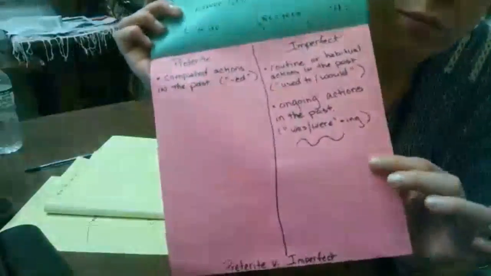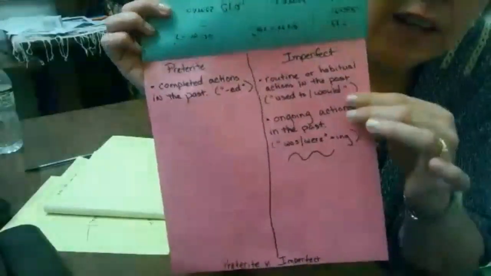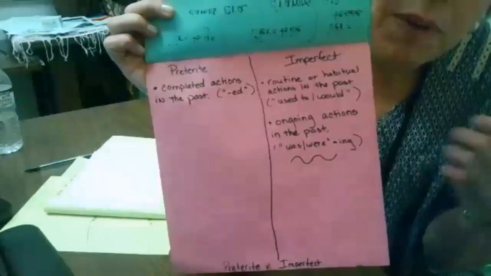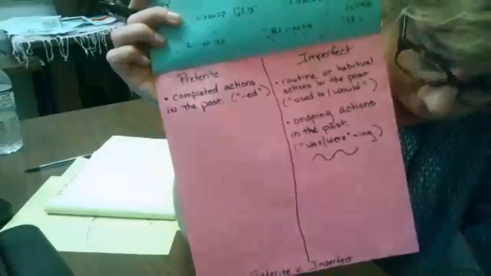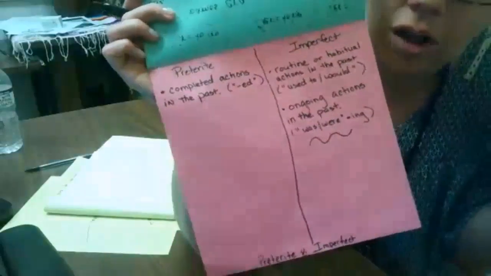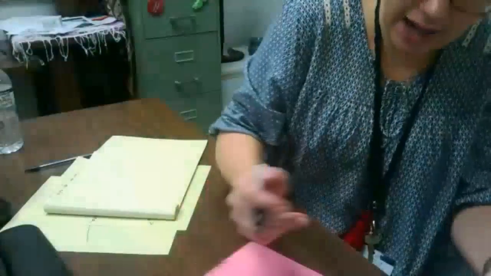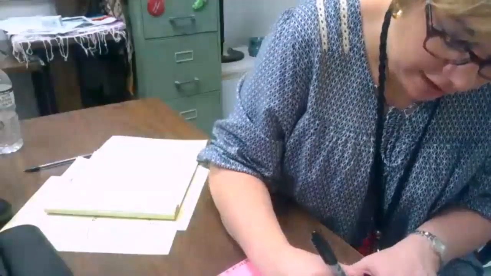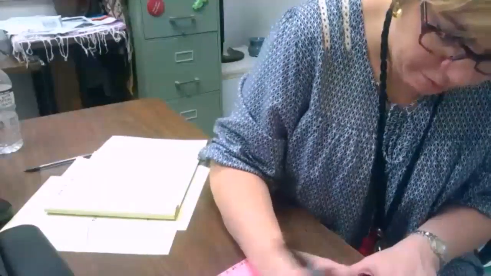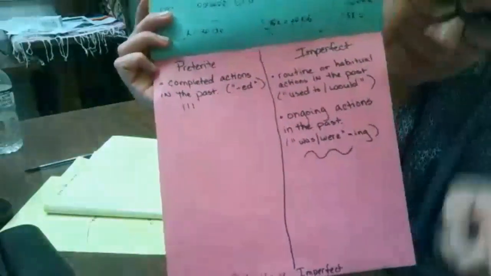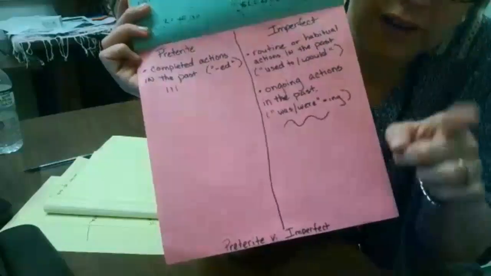Okay, that's a completed action. And that's my mom calling. I was taking a shower when my mom called. Called, ed. That's the completed action. Since it ends in ed, it's completed. One action. Think of it as the stick.